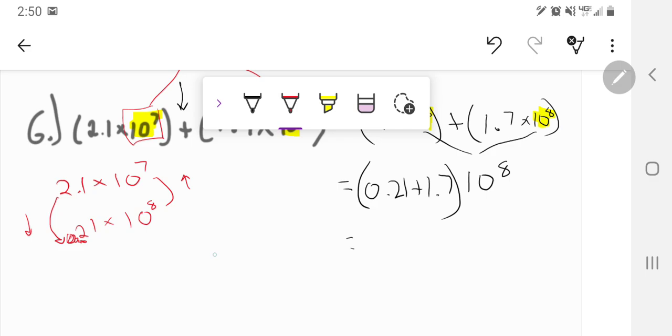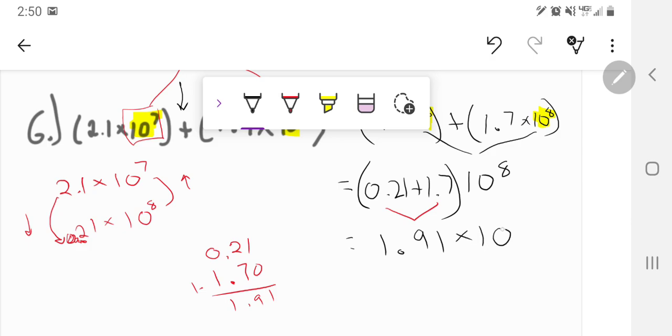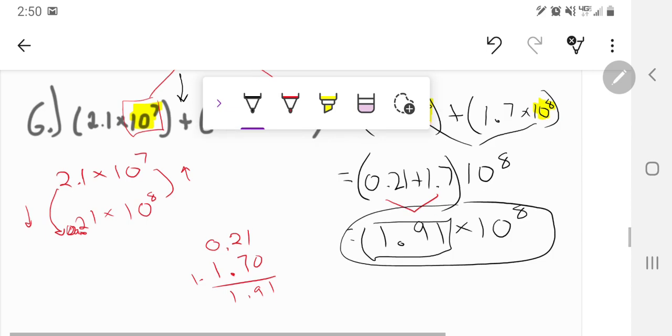I'll do some scratch work over here. 0.21 plus 1.7, we get 1.91. So when we put that together, we get 1.91 times 10 to the 8th. And this value here is between 1 and 10, so we are confident that that is correct.